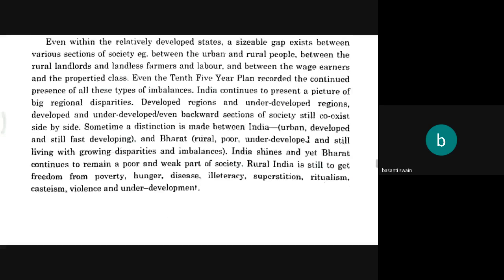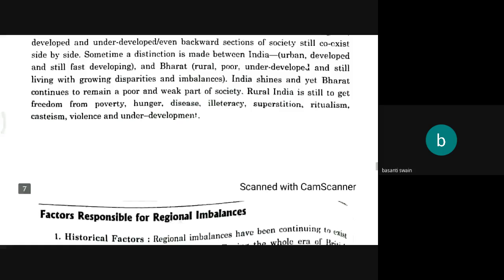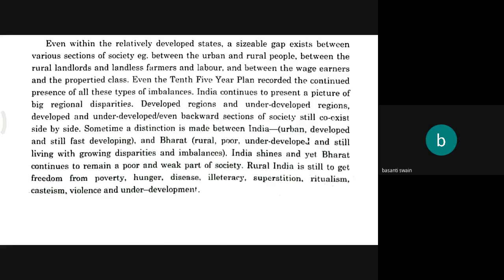These are the important reasons for which people are creating the sense of regionalism, the sense of regional feelings, and they are also comparing with the other states or areas, how they are affluent and we are under poverty.